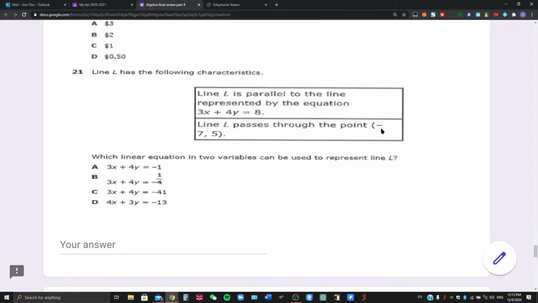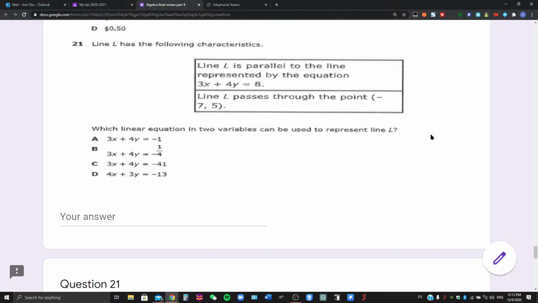Question 21. Line L has the following characteristics. Line L is parallel to the line represented by the equation 3x plus 4y equals 8. Line L passes through the point -7 and 5. Which equation can represent line L?